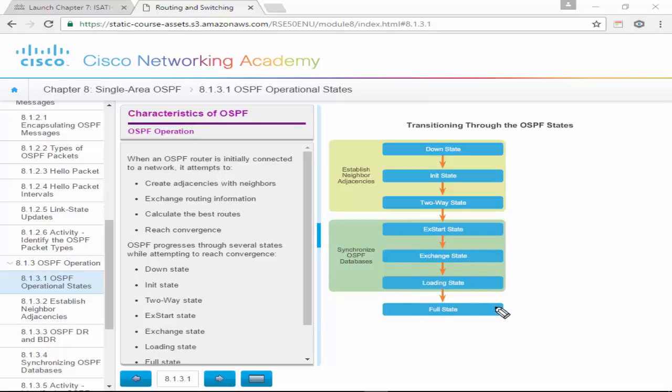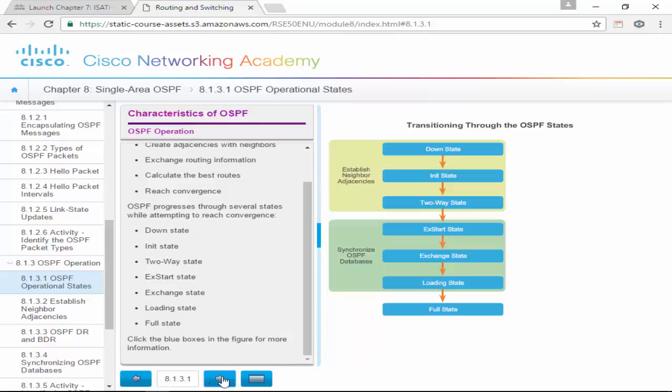The loading state is loading what they've just exchanged, and when they've become a neighbor, they're in the full state. So that's how OSPF moves, and like I said, unless you're having problems, you don't even have to worry about this, but there will be multiple drag and drops that ask questions about it.